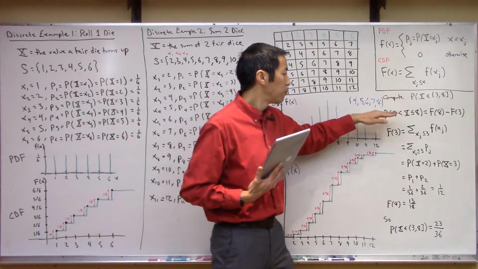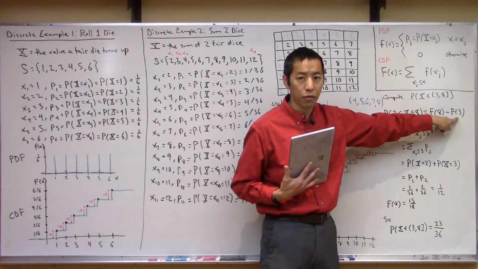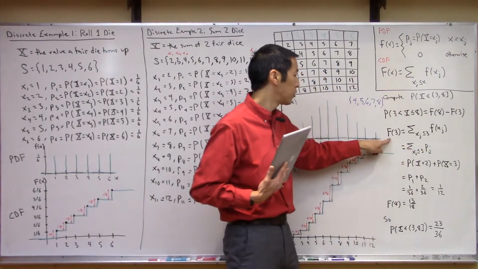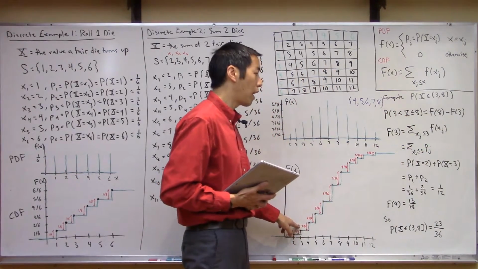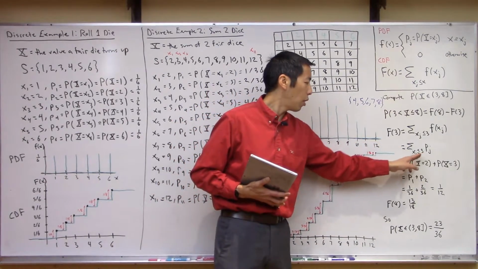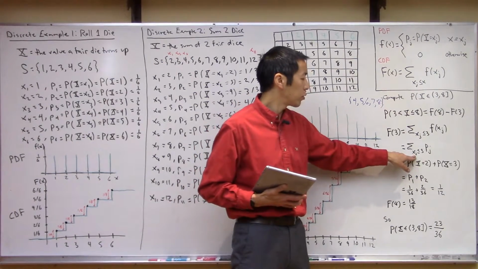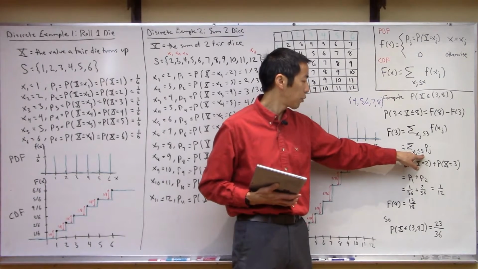Okay, so to do that, let's compute these two terms first. Let's get F3 first, capital F3. This is the cumulative distribution function evaluated at the value 3. We could either just read this off the graph, or remember the way we got this was we summed up all of the probabilities of the results associated with values less than or equal to our value of interest, the 3.